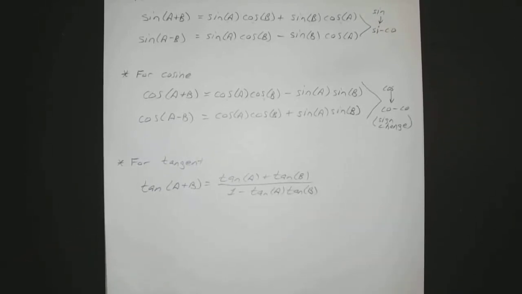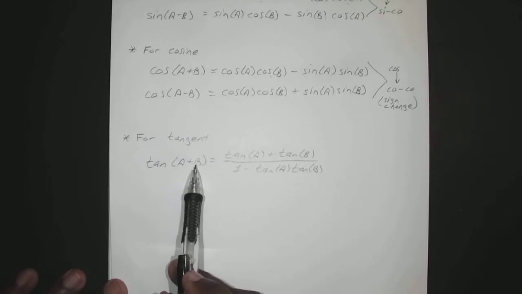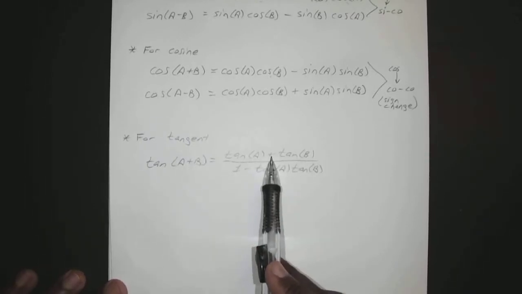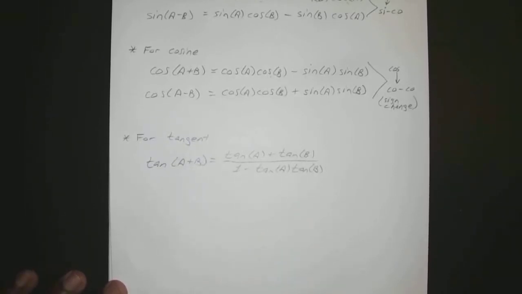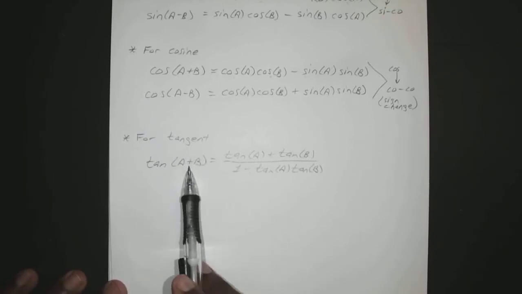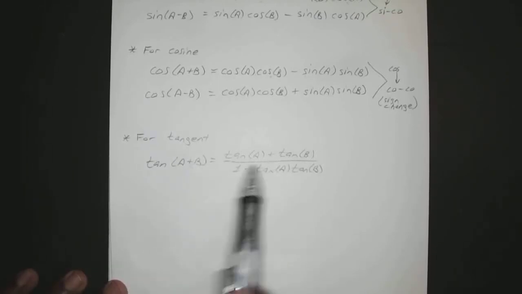With that one, the plus sign is plus sign here, so here it's added, there it's multiplied. And then when you subtract, that turns to minus, and that becomes plus. Okay. So this sign is going to match the numerator.